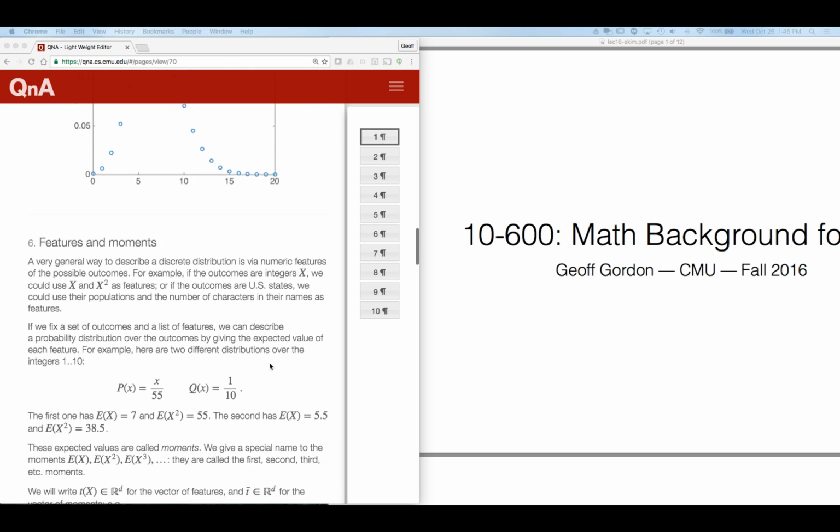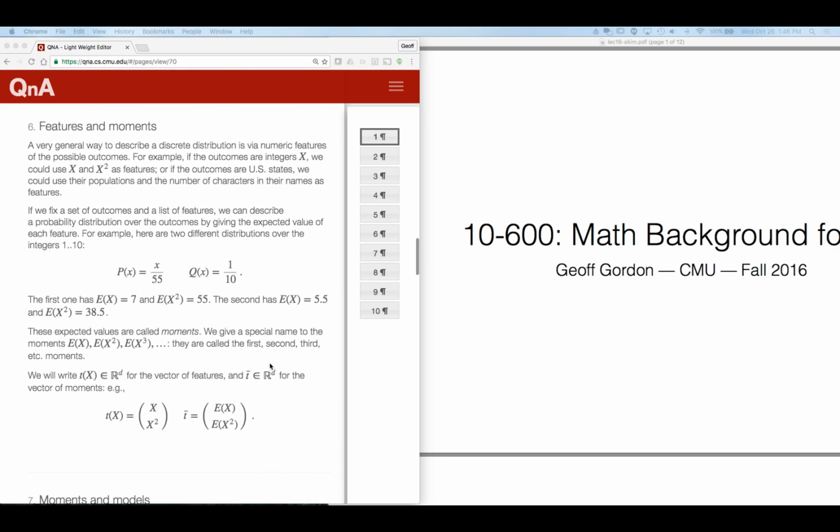So, how are we going to do this? We're going to do it based on features. For every discrete outcome, we're going to assign a vector of numeric features. If our outcomes are integers, it's easy to think of features, right? Like you could have x and x squared and 1 over x, various different numeric functions of the integer.